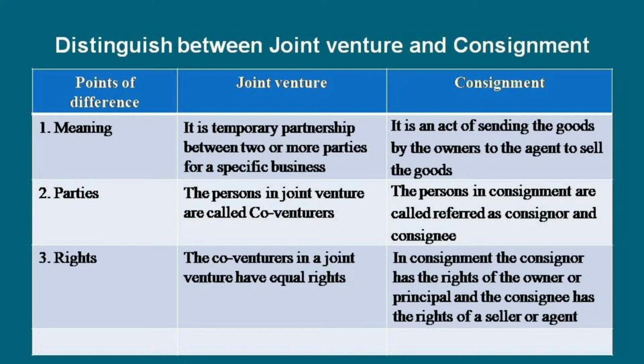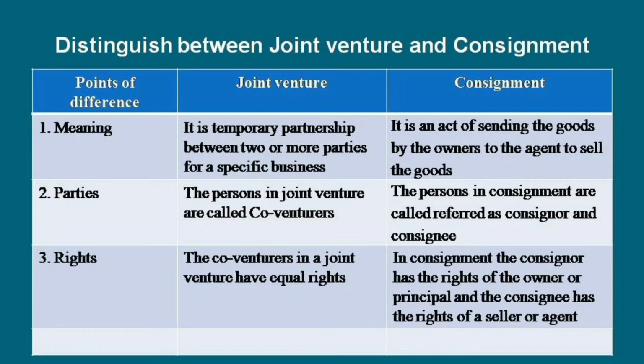Parties involved: in a joint venture, the persons are called co-venturers, whereas in consignment, the persons are referred to as consignor and consignee.